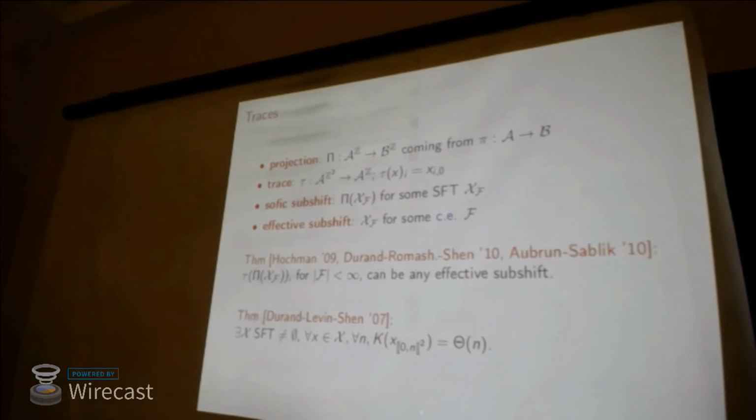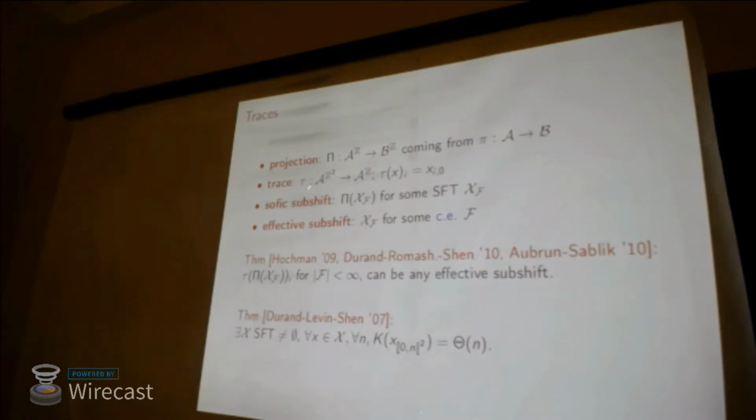We said in the one-dimensional case that we can interpret the subshift of finite type as some kind of computational model, and the projection of alphabet as a process of computation, and the obtained subshift as the result of the computation.